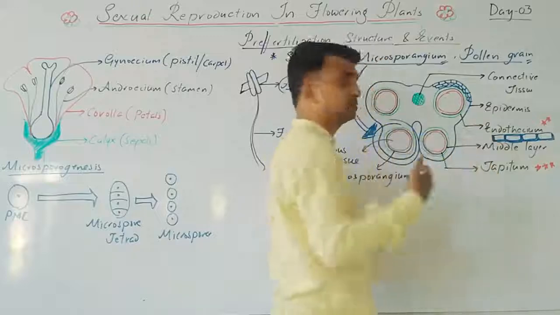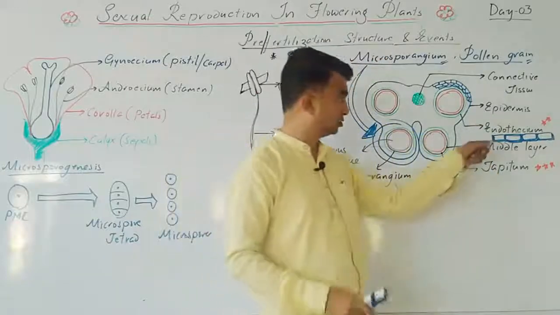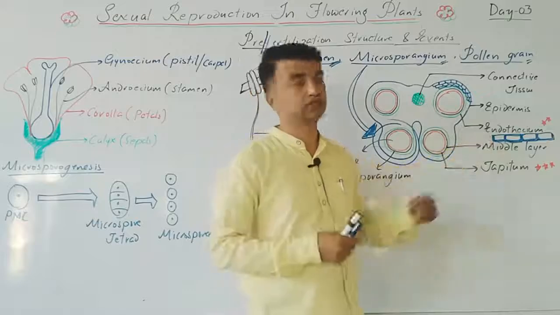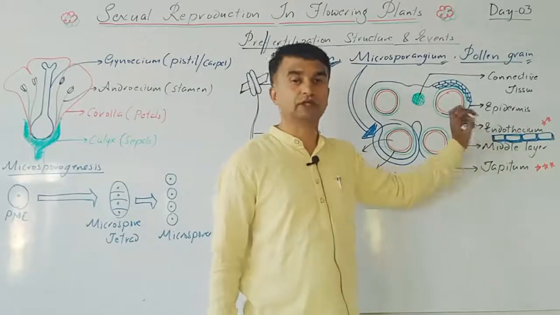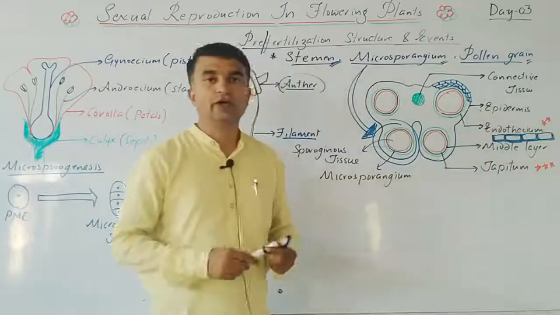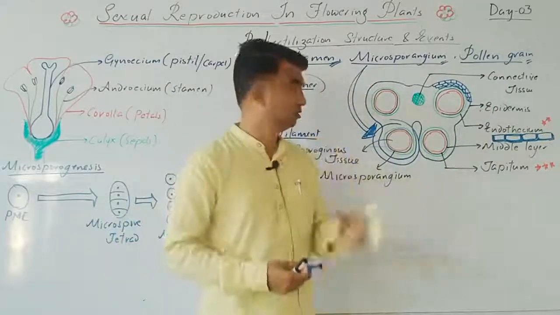Due to the presence of this tough material, the endothecium layer is also called the fibrous layer. This also gives protection, and collectively the epidermis and endothecium remain in the mature anther.